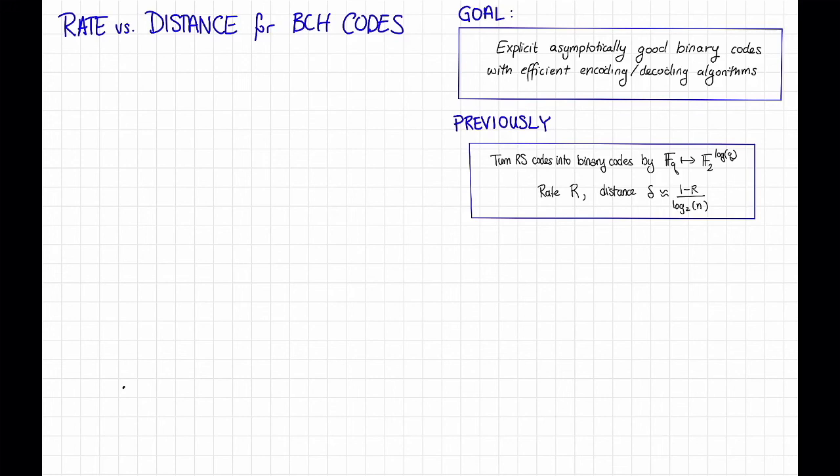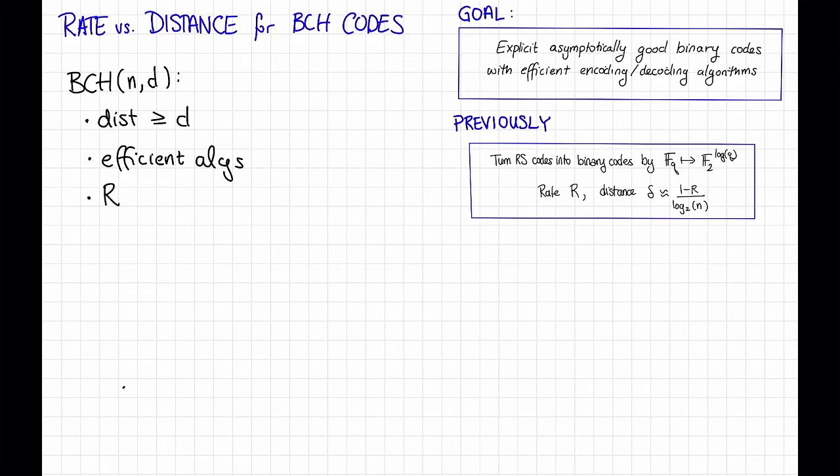So how do BCH codes do on this goal, and how do they compare to what we got previously? So the BCH code with parameters n and d, we already saw that it has distance at least d. It admits efficient decoding algorithms. And we just got a bound on the dimension. So that's going to allow us to get a bound on the rate.